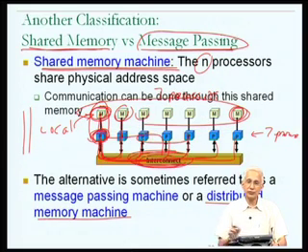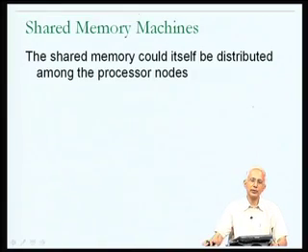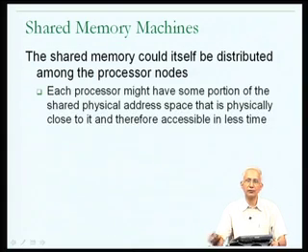Therefore, it makes more sense to build the shared memory parallel machine with this kind of organization, where there's a little bit of the shared memory close to each of the processors, which is what this point is elaborating. The shared memory could itself be distributed among the processor nodes. In other words, each processor might have some portion of the shared physical address space that is physically close to it and therefore accessible in less time.